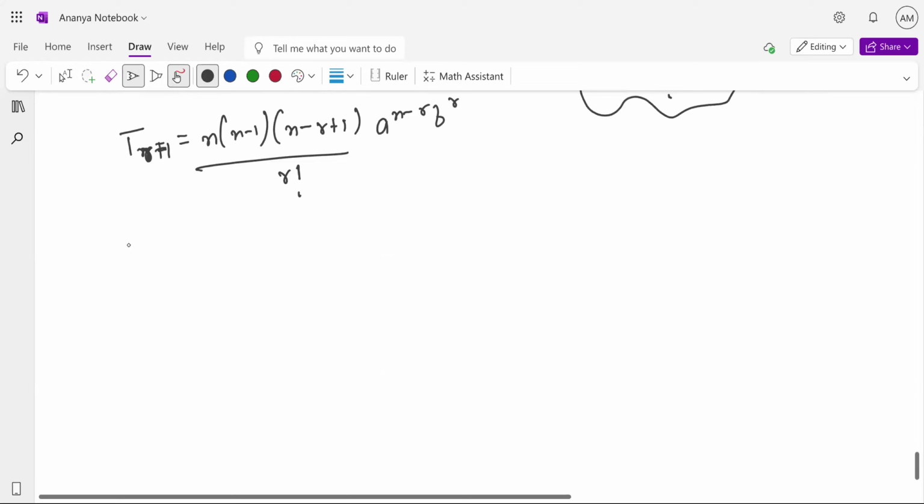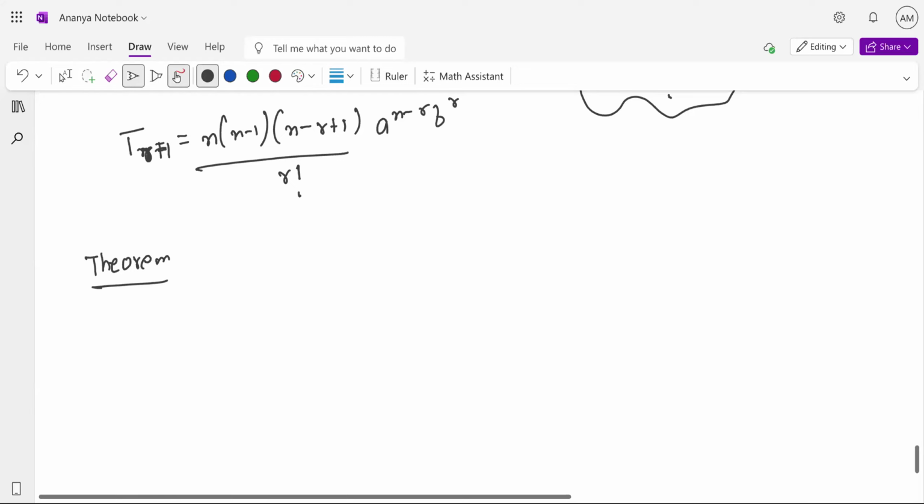Some theorems are there. I'll go with that after this chapter gets completed. So what is the first theorem? Look, the first theorem is all about n. What can be the value of n?